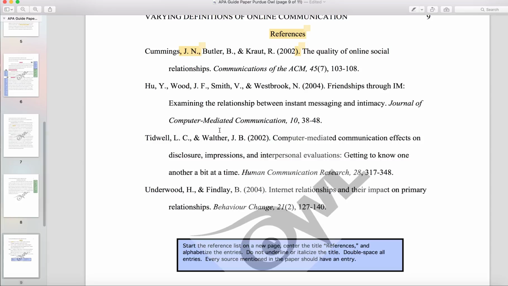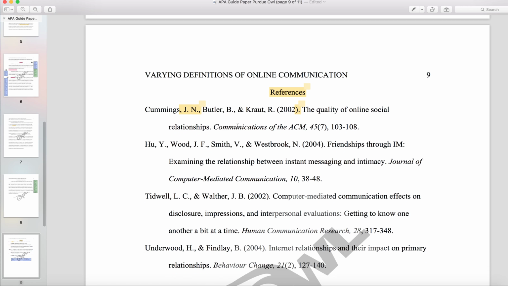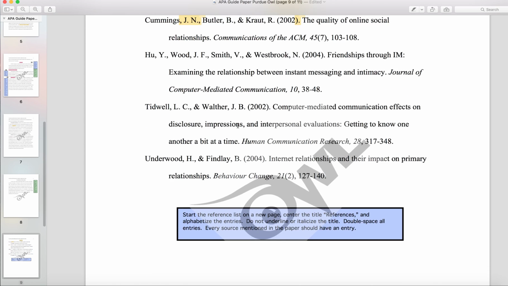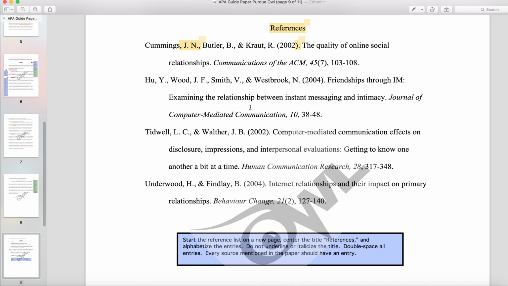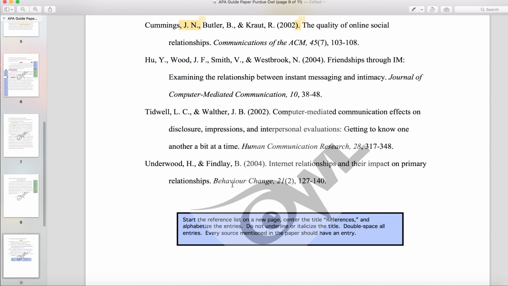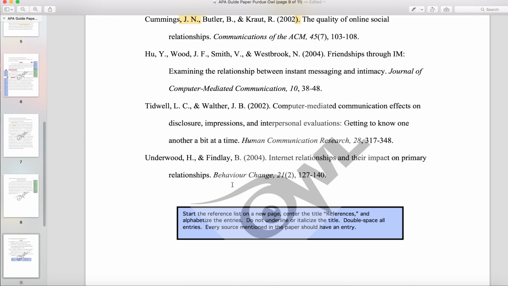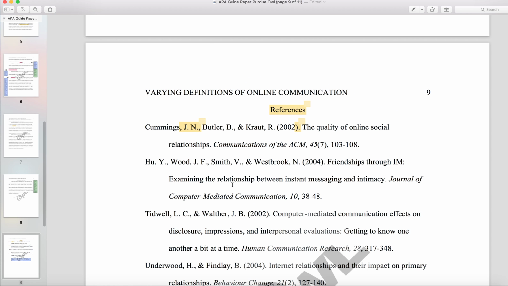So again, I've got the APA thing on there also. I'll show you how to use Purdue OWL also, and if you have a journal or a book, looks like this is a journal. I don't even know if they really used a book, but there are different things you can use for your articles.